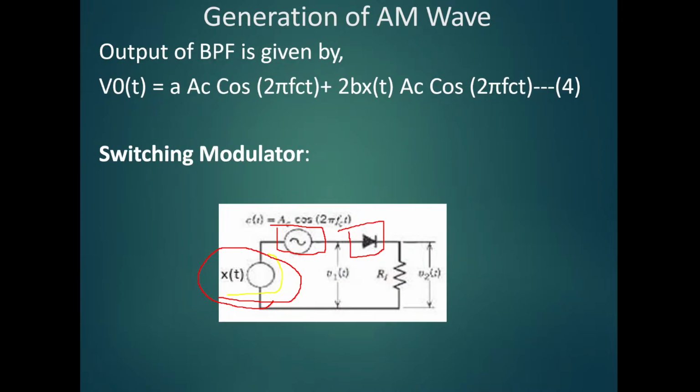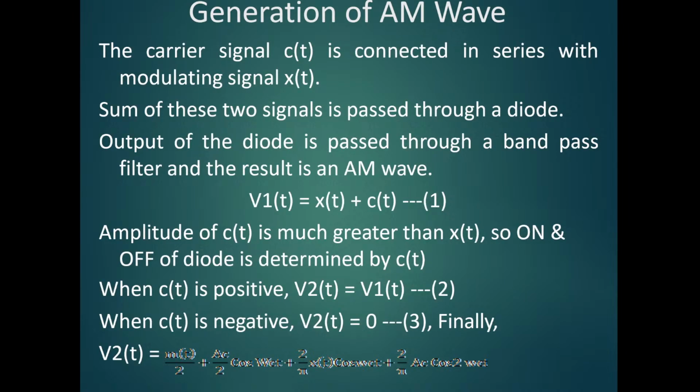And then the filter is again the band pass filter, and the output that is produced is nothing but our AM wave, right? So let us see it in the form of equation. Now you can see this is the result, x(t) plus x of t. This will be the output of our non-linear device.